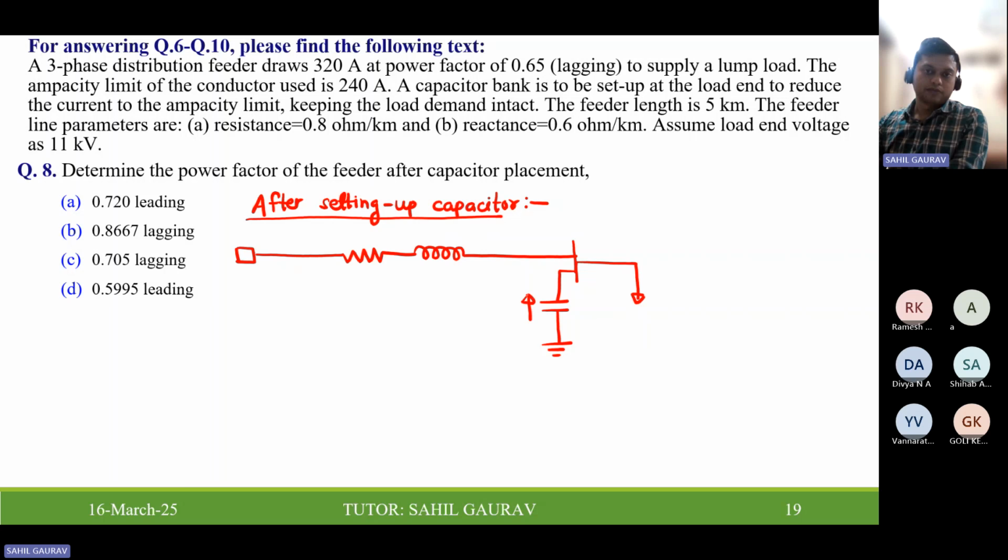So the capacitor is supplying QC amount of reactive power, and this load is taking PL plus JQL.